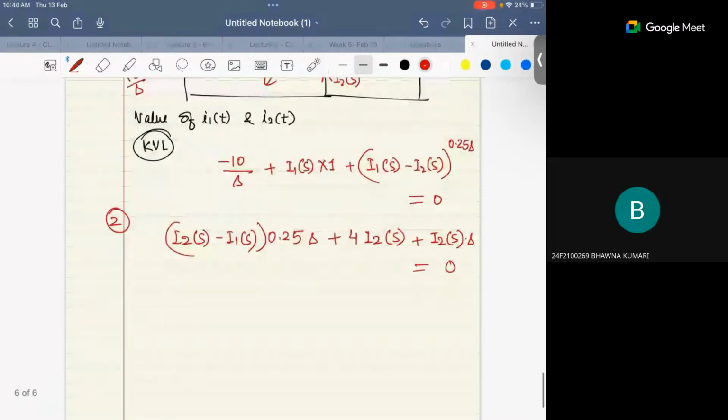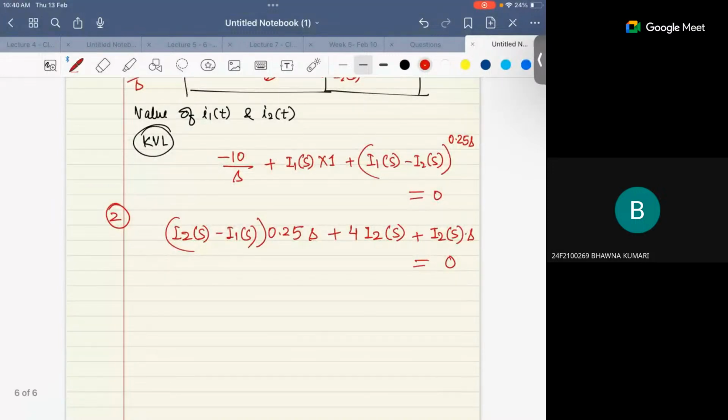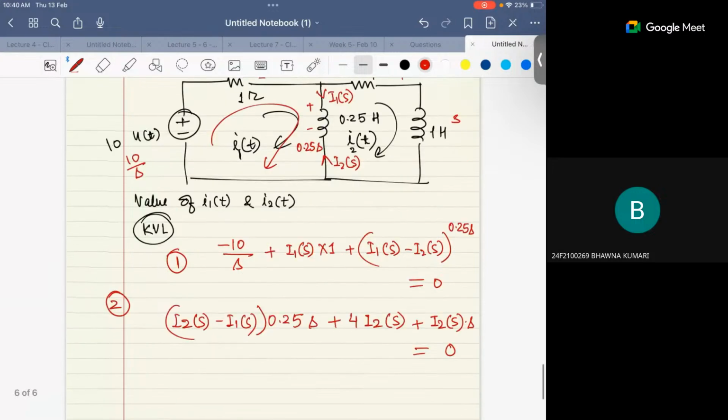Now how will I solve this? It's very lengthy, right? Anyone getting any idea?